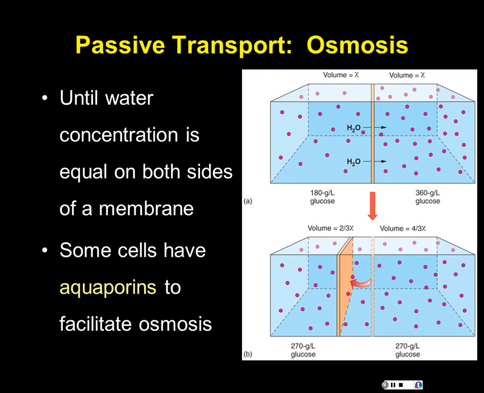Basically it's a water channel, so it allows for facilitated diffusion of water more easily. What questions do you have at this point about how to define osmosis?